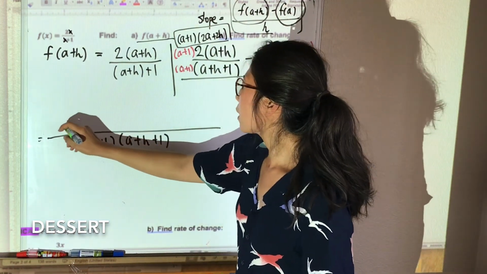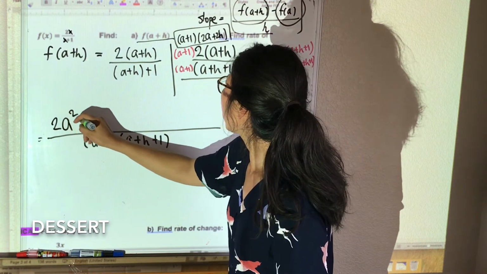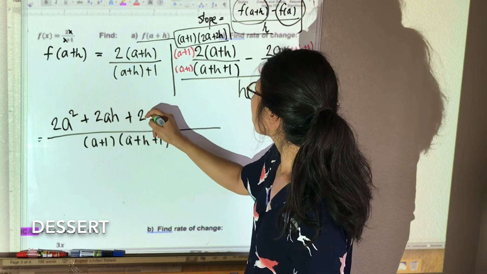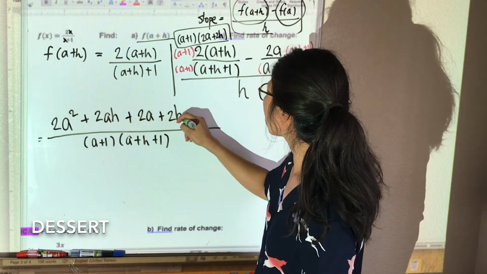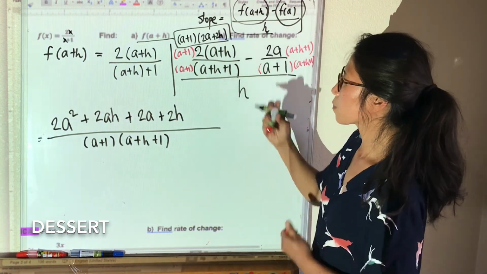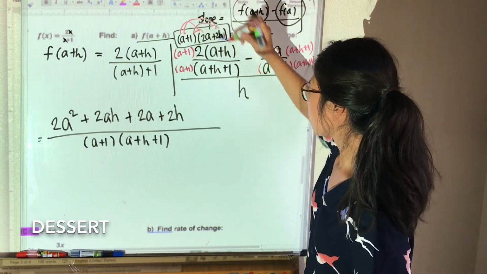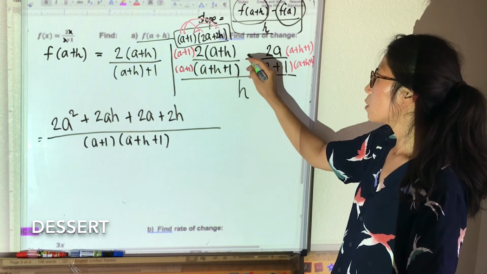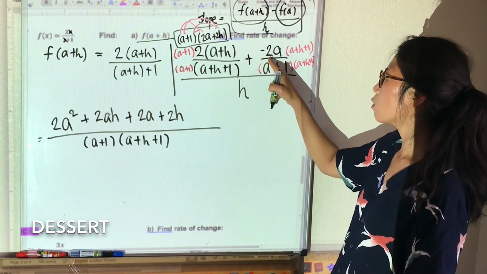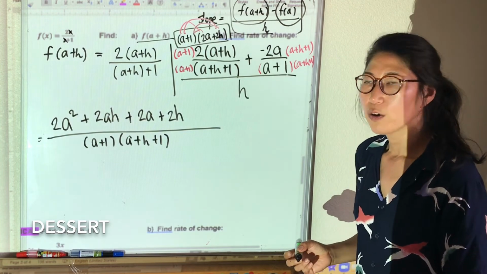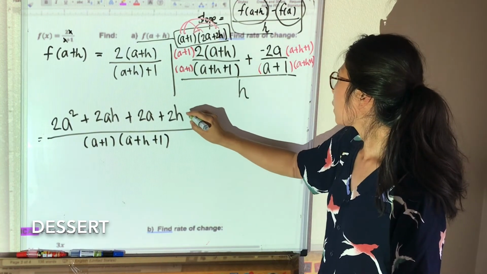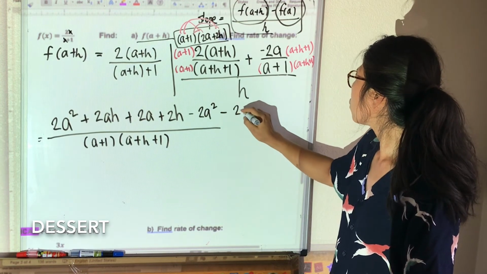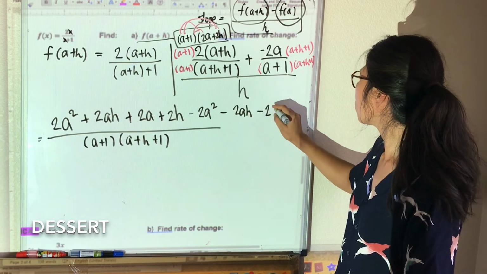I'm going to get 2a squared plus 2ah plus 2a plus 2h. Next one, you have to be careful. This is the same thing as putting negative 2a to next factors. I'm going to multiply negative 2a squared minus 2ah minus 2a.